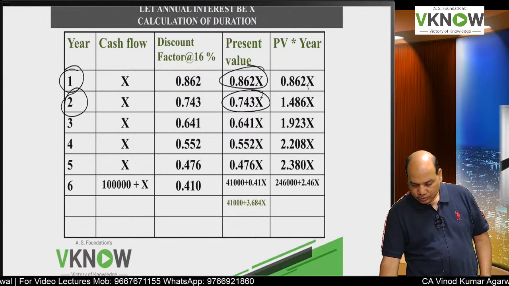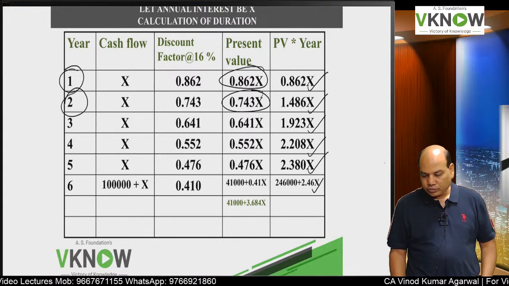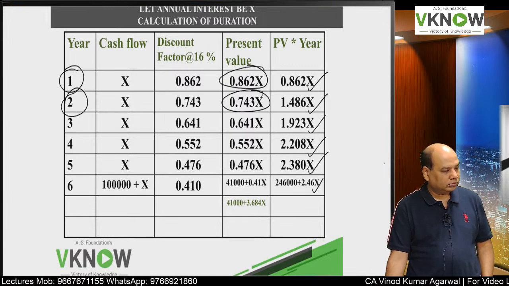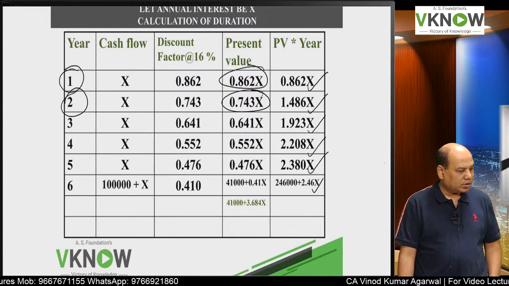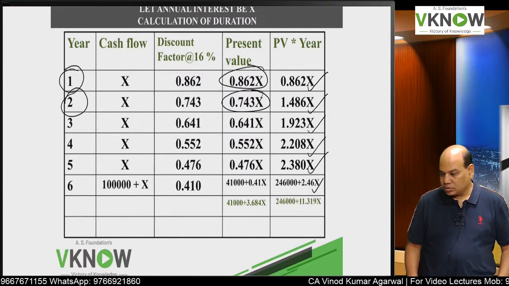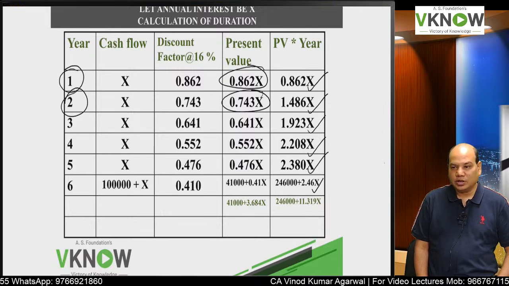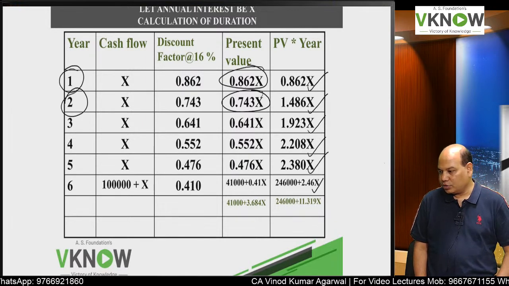Again, first you take the total of all these numbers with X. Take the total please. The total will come to something like 2,46,000 plus 11.319x. Approximately check.